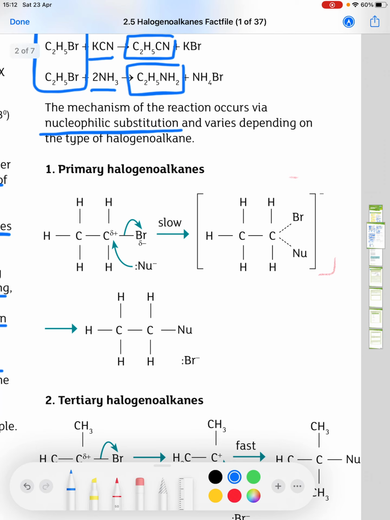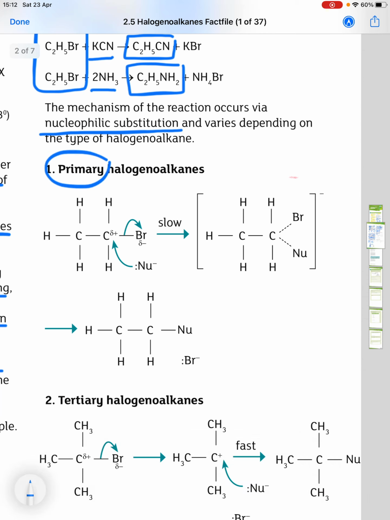So if we look first at a primary halogenoalkane, and you only need to know about primary and tertiary for this, you see the nucleophile attacks the positive end of the bond at the carbon, the electrons move towards the bromine, and we end up then with this sort of intermediate where there's a weak bond between both the bromine and the nucleophile and that carbon.